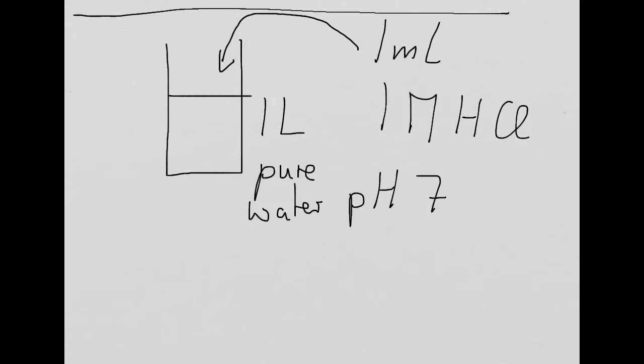How would you calculate that? Hydrochloric acid, by the way, is a strong acid. Okay. Discuss. How would you calculate what pH this would be? Have we come up with a solution? No?